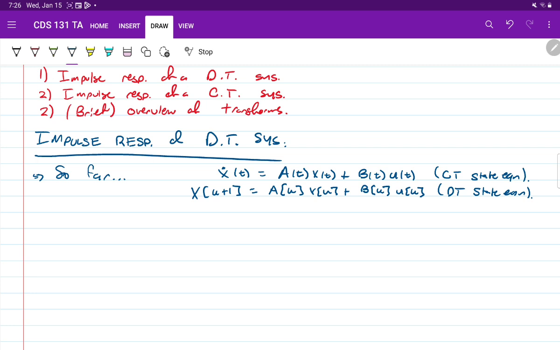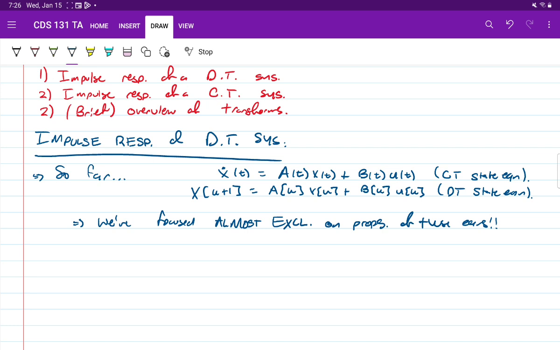And really, all of our analysis has been centered on these, right? So we focused almost exclusively on properties of these equations. Okay? So what we've shown is that we have solutions that exist and are unique to these. We examined these things called state transition matrices, which tell us about the structure of solutions to these state equations.